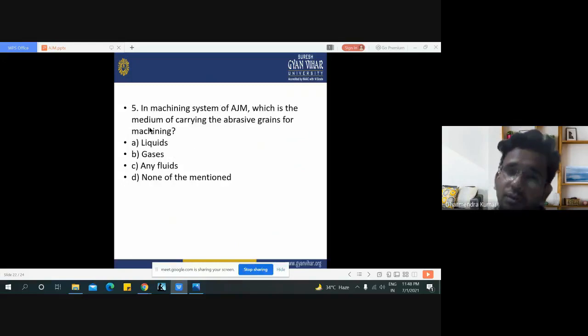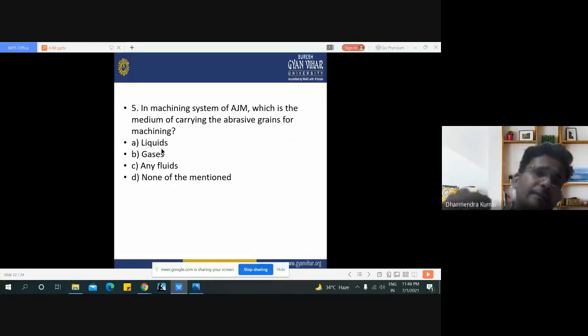Now in the fifth multiple choice question, in machining system of AJM or abrasive jet machining, which is the medium of carrying the abrasive grain for the machining? Here we have already seen that in the abrasive jet machining we can only use gas, instead of liquid or any fluid. Then we can say that gas is our answer, or option B is our answer.